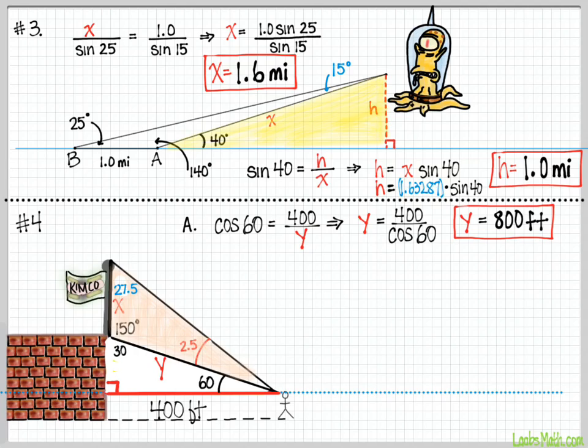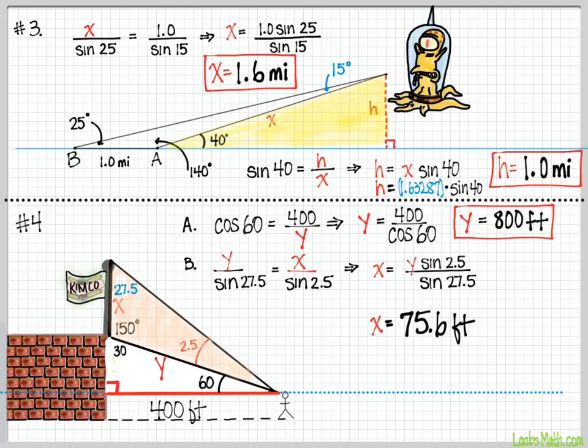I have all 3 angles, and I now have y, which is 800. Since I have at least one side, I can use the law of sines. x equals y times sine of 2.5 divided by sine of 27.5, and I have y as 800. Plugging that into my calculator and rounding to the nearest tenth, I have 75.6 feet.